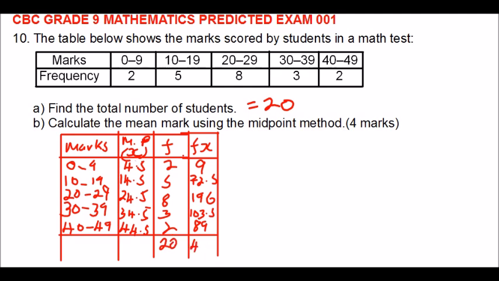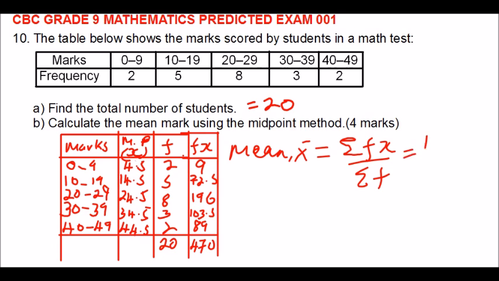And therefore, we can now work out the mean. We can say the mean is the same as x bar, representing the mean, is equal to the summation of fx divided by the summation of f, which is equal to 470 divided by 20, and that is giving you 23.5.